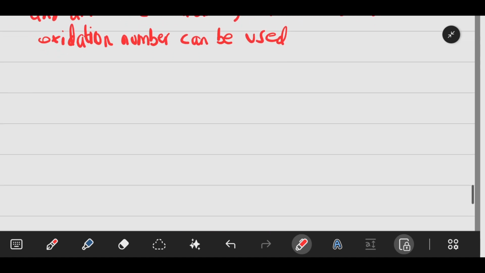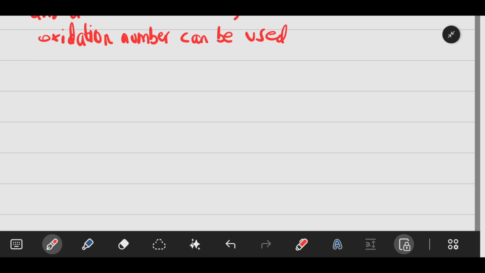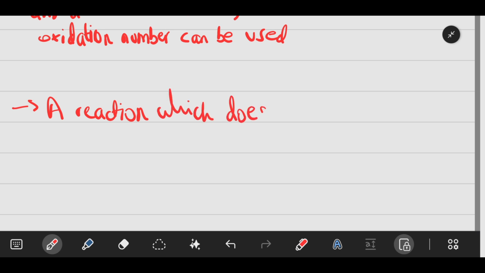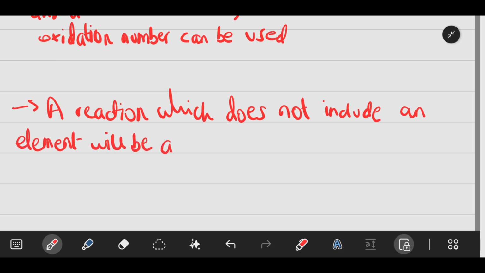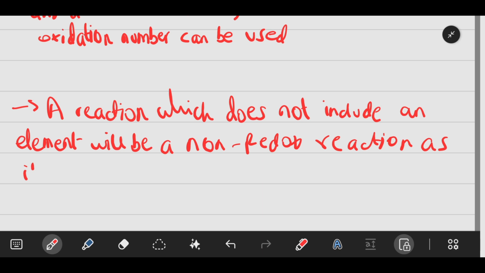Hence, we can now narrow it down to say that a reaction which does not include an element will be a non-redox reaction, as it will have no change of oxidation numbers.